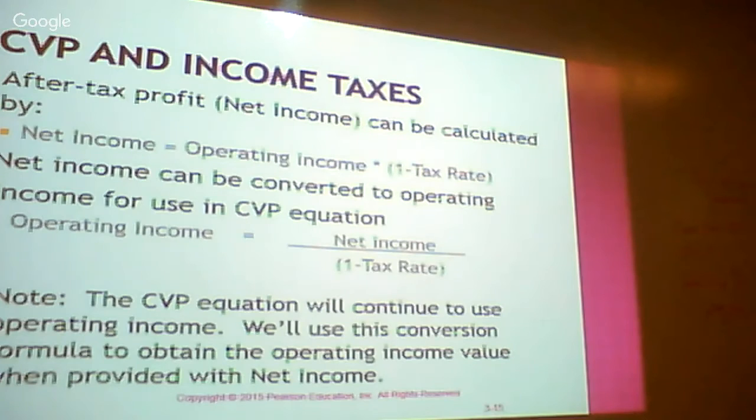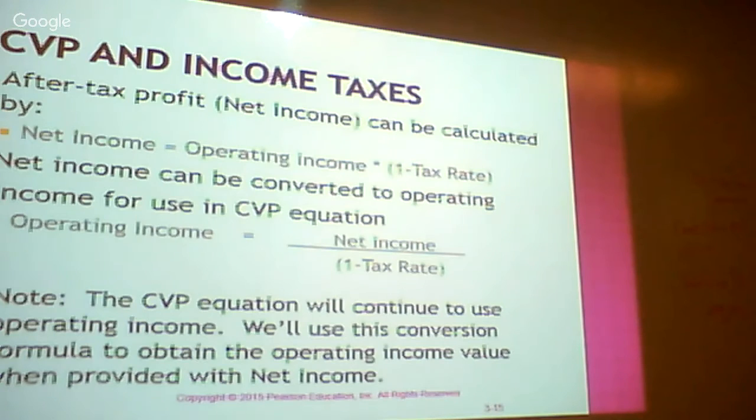But there's a couple of assignments that are also going to include taxes. So in reality, what happens here? We have the revenues minus variable cost minus fixed cost equals operating income, and then minus taxes equals net income. Okay?